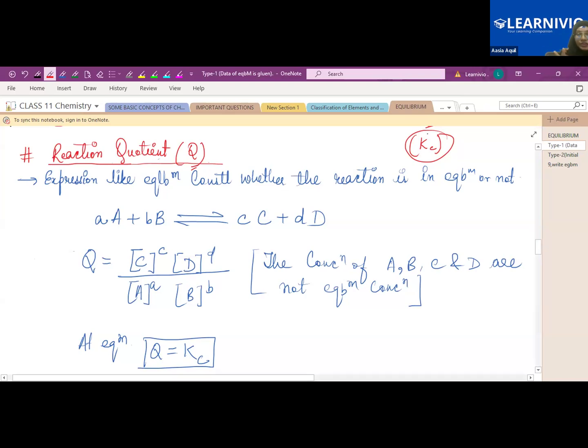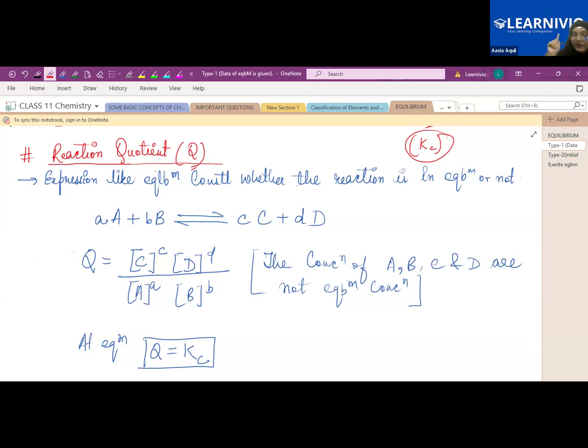Only then can we use the term Kc. But the reaction quotient is used whether the reaction is in equilibrium or not. The reaction can be in equilibrium or it may not be. Both cases are possible for the reaction quotient.